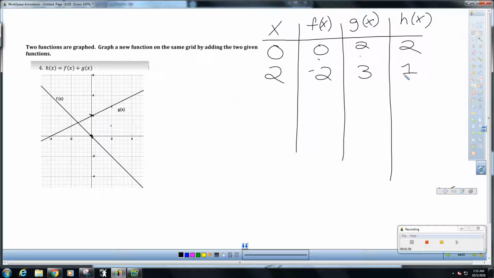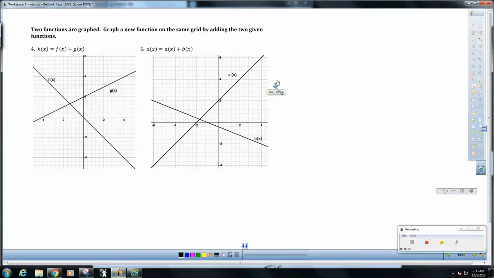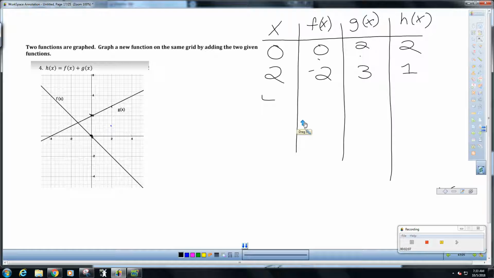Looks like 4 gives us an even point, so let's put in a 4. If I put in a 4, for f of x, it's negative 4. For g of x, it's positive 4. Add them up, you get a 0.